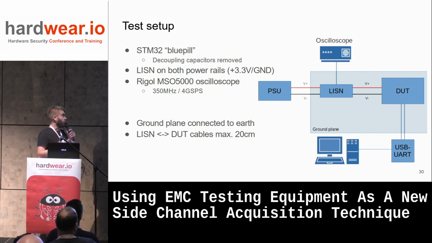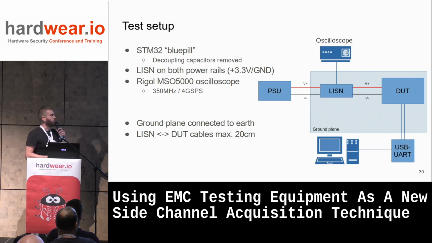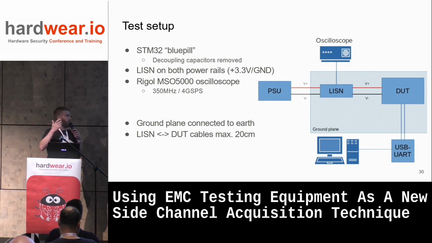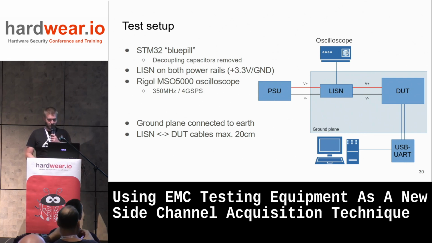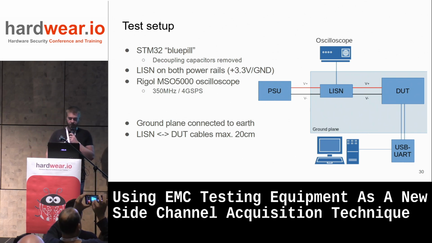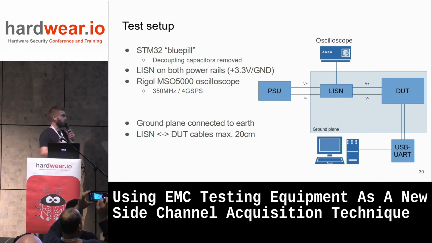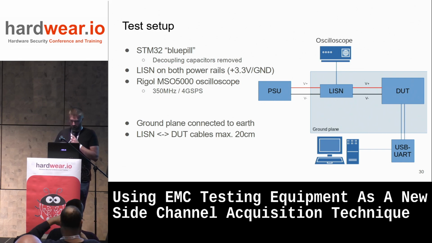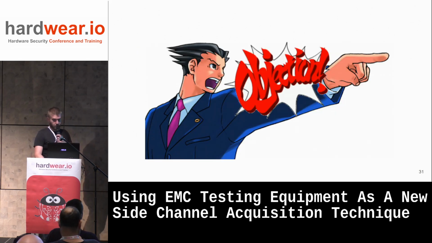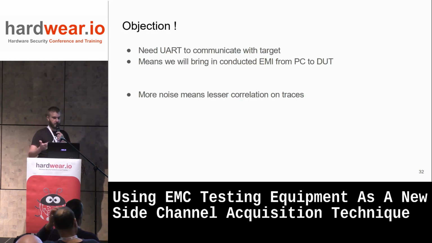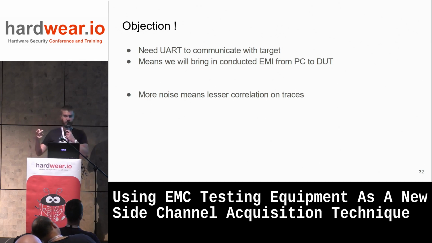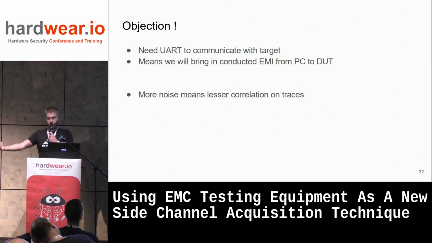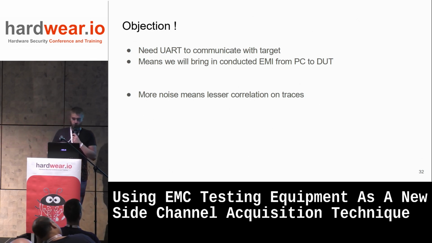I used my personal oscilloscope to get the traces, connected the ground plane, connected to Earth, made new cables because mine were too long, and then just connected a USB to UART to my PC on the DUT. And here you might see there is a problem, because when you are connecting your UART to the DUT, basically you are bringing noise from your PC to the device, which is not good.